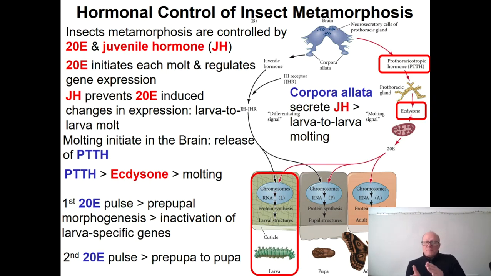So the first pulse of ecdysone without juvenile hormone will shut down the larval genes and start to initiate the pupal and prepupal genes. A second pulse of ecdysone will consolidate the expression of the pupal genes, and therefore the animal will go from a larva to a pupa. So it starts metamorphosis.